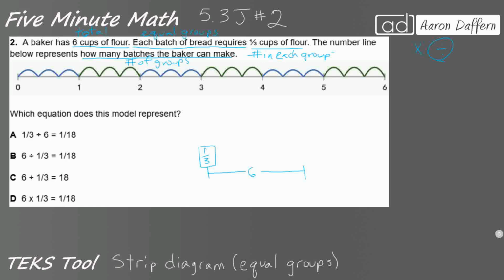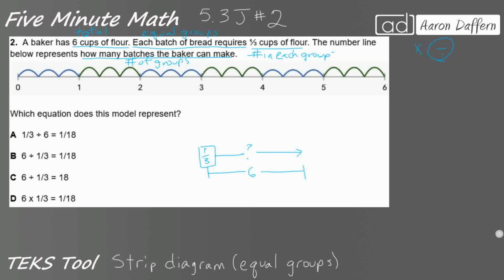Now, my question is, how many 1/3s can I make? So I'm going to draw an arrow with a question mark in there because I don't know how many groups to make. That's what I'm looking for. I'm looking for the number of groups. And when you're looking for the number of groups, you can't draw a bar all the way across because you don't know how many groups to make.